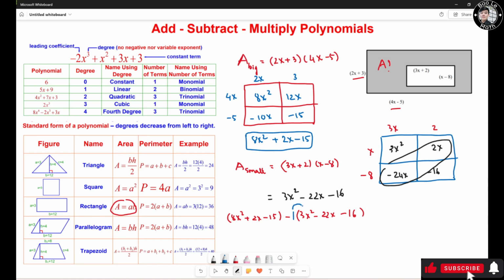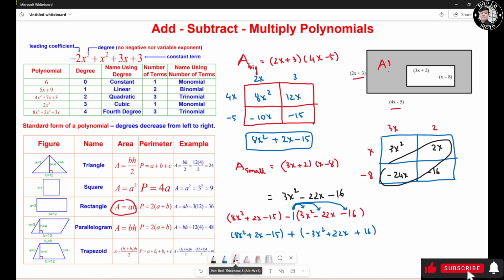So distribute negative 1 to this. The first one I just rewrite, 8s squared plus 2s minus 15. Now the second one, put the plus sign outside. Negative 1 times 3s squared could be negative 3s squared. Negative 1 times negative 22s could be plus 22s. Negative 1 times negative 16 is plus 16, right?